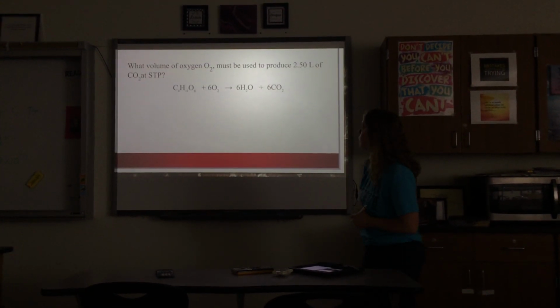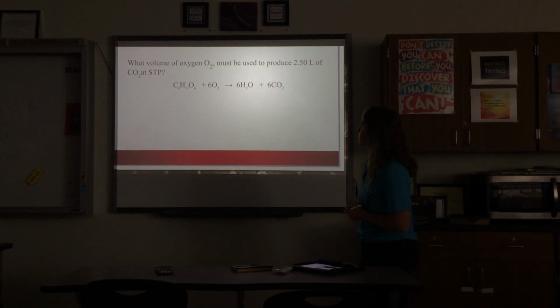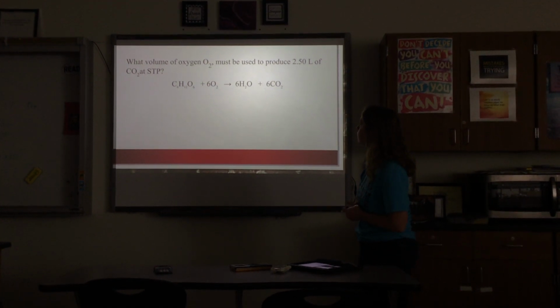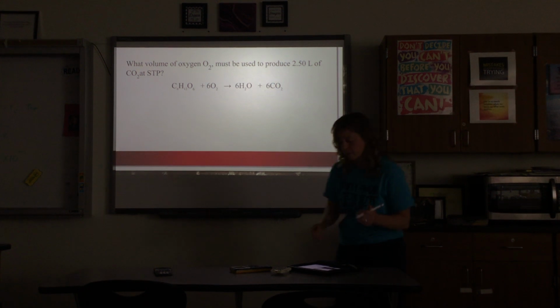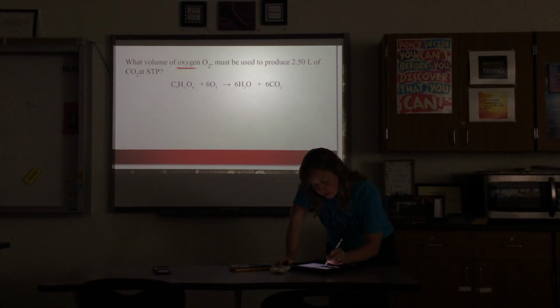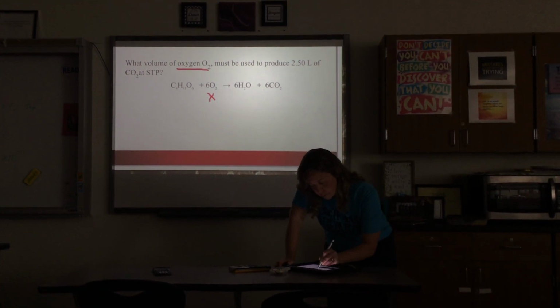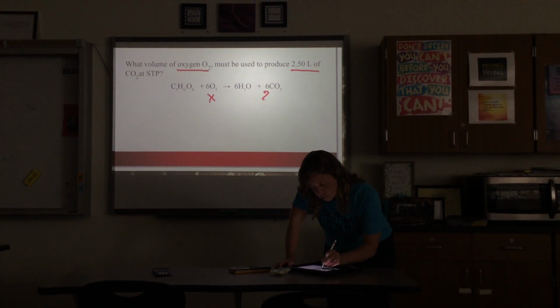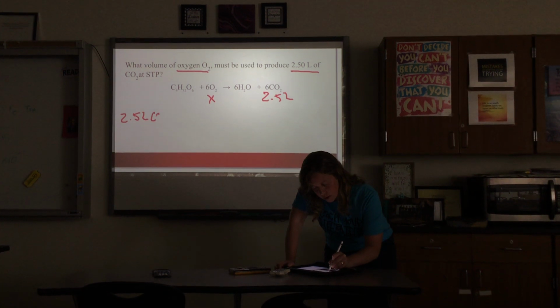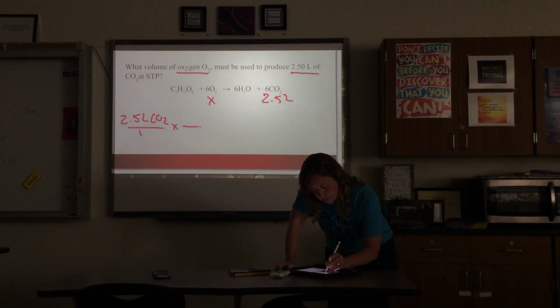All right, so let's try one more. What volume of oxygen must be used to produce 2.5 liters of CO2 at STP? So we're looking for oxygen, that's our X, and we have 2.5 liters of CO2. So we start our problem with 2.5 liters of CO2 over 1.